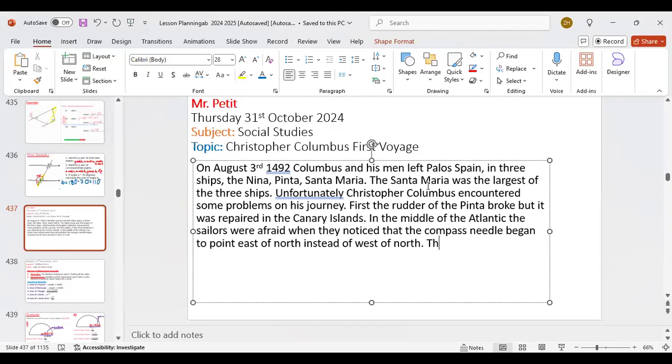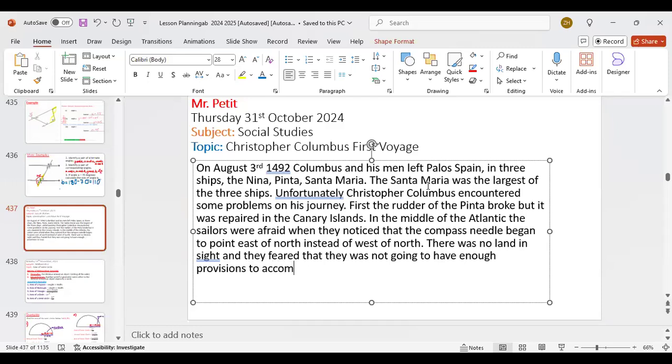There was no land in sight, and they feared that they were not going to have enough provisions to accommodate the journey back.